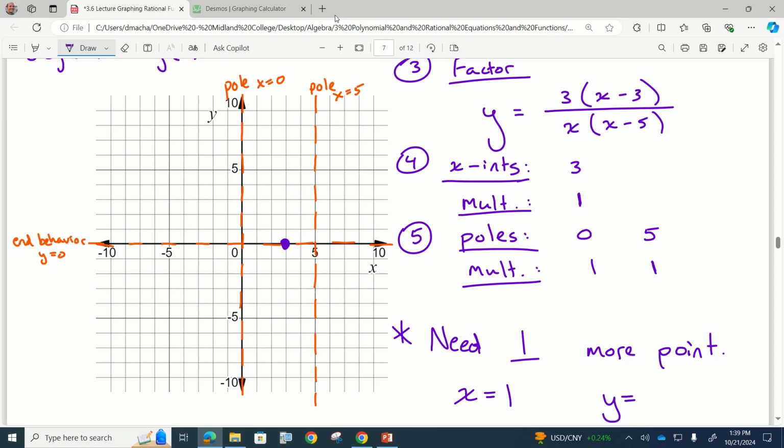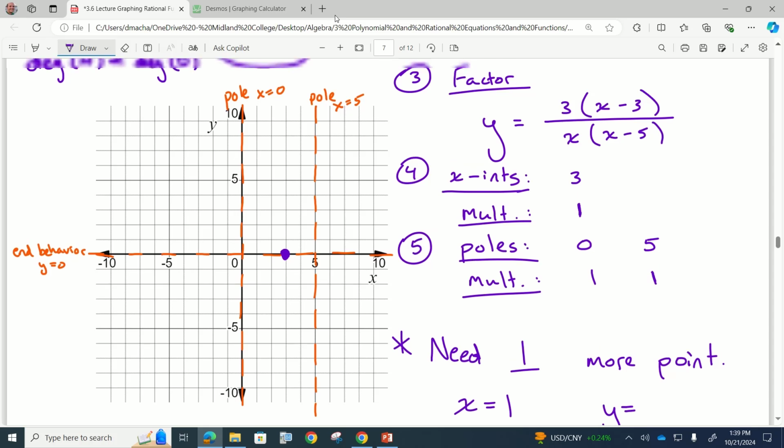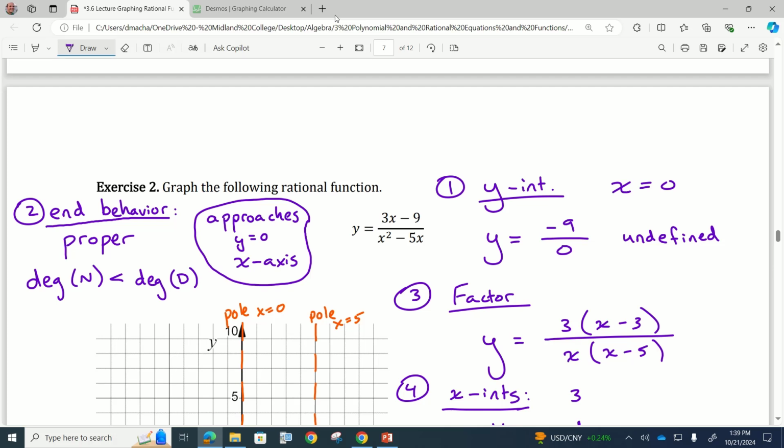So we plug in x equals 1 and we're going to calculate the y value that we get. And that gives me y equals 3 times 1 minus 9, divided by 1 squared minus 5 times 1. And the numerator is negative 6. The denominator is negative 4.